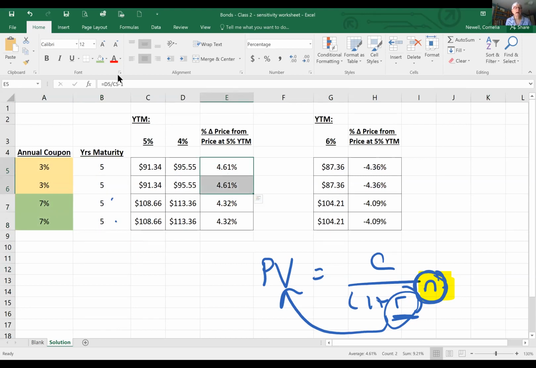If you look at the 2 7% coupons, they're a little bit smaller than the 2 3% coupons.